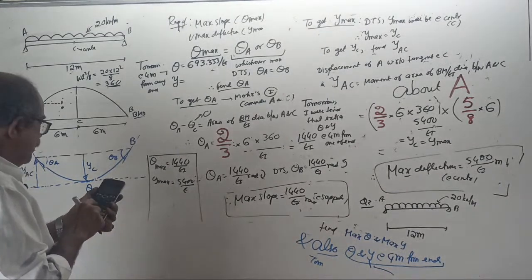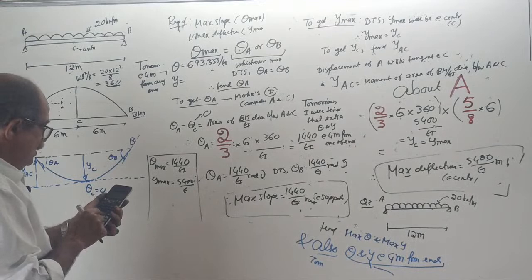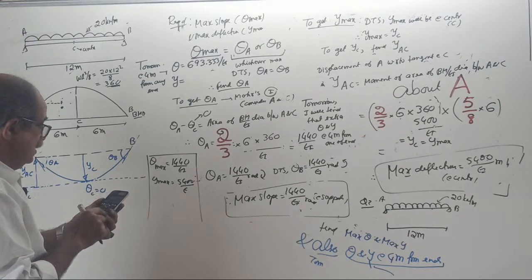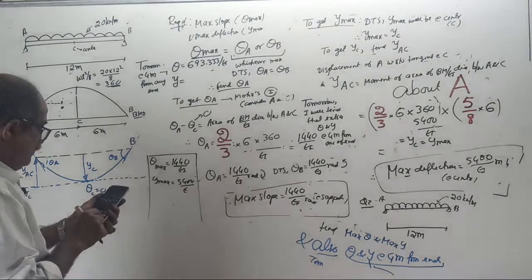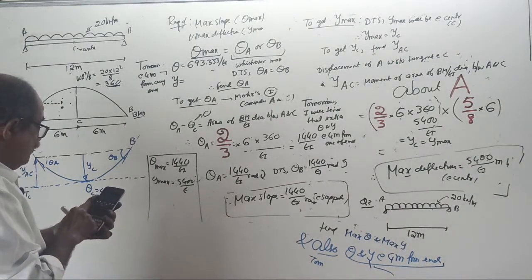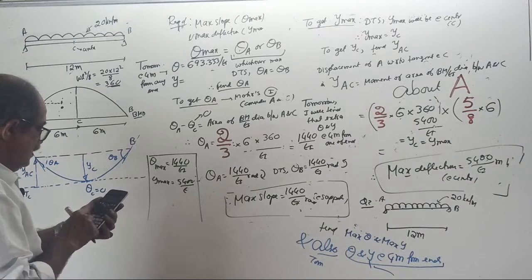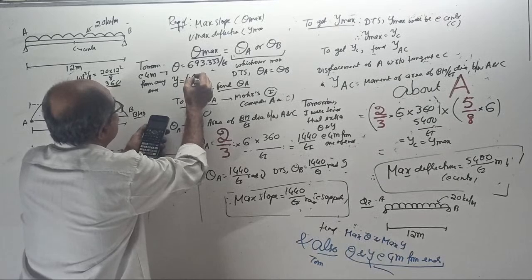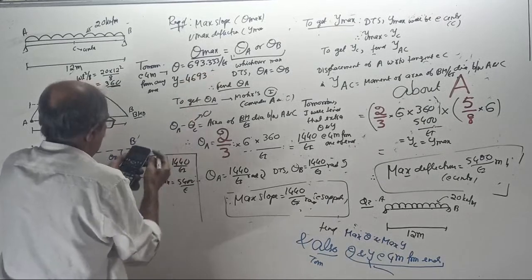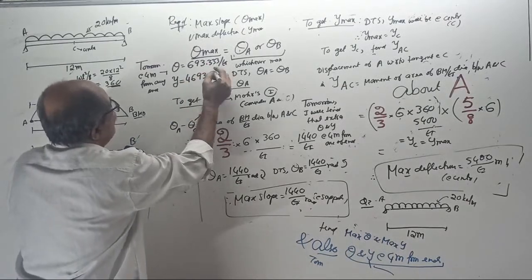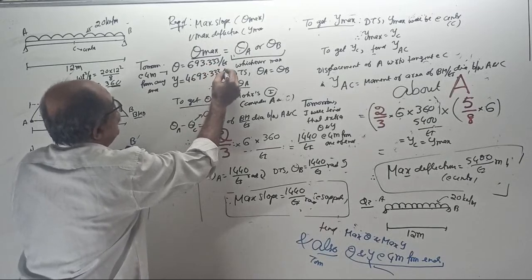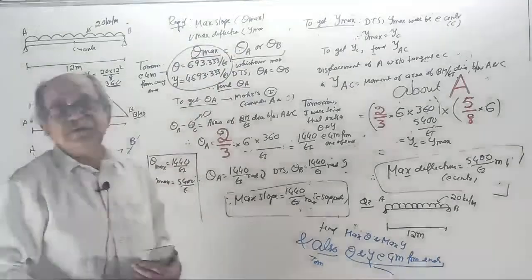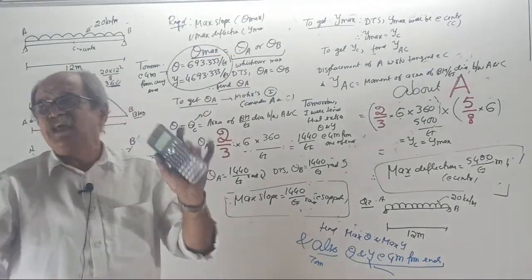And the deflection should come 4693.333 endless threes by EI. My commitment for tomorrow. But if you by mistake, over, today's class over.